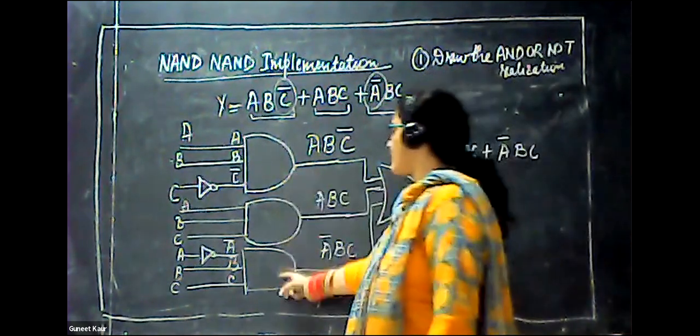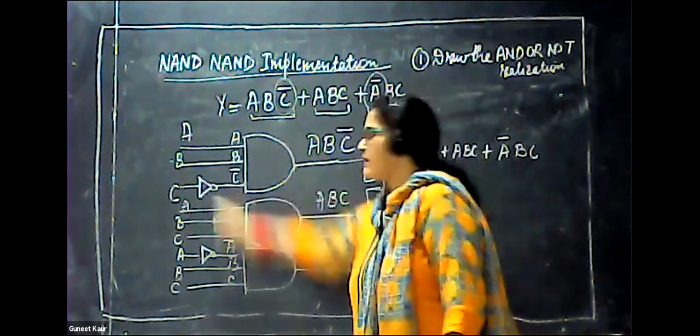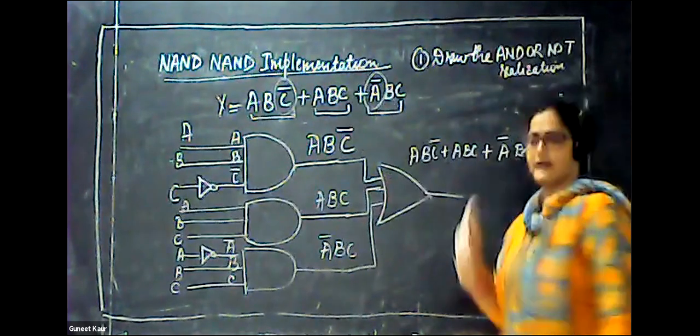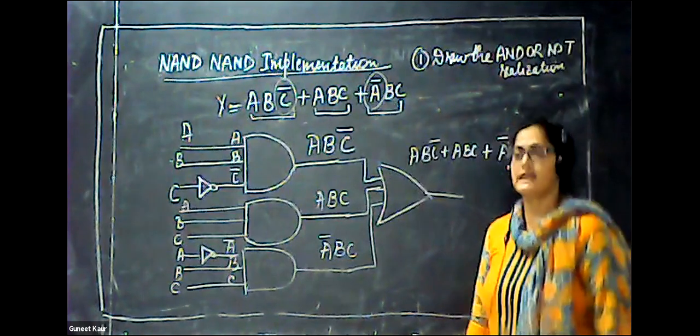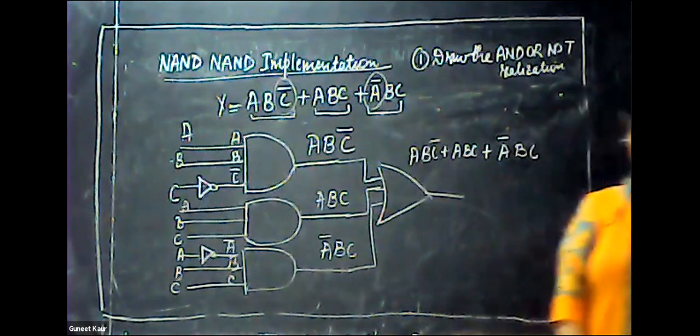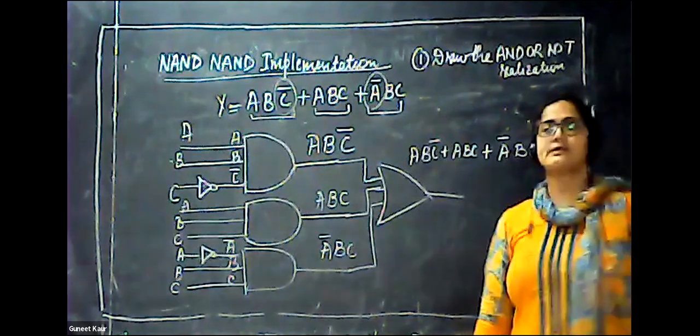Now you can see in the diagram only AND gate, inverter, and OR gate are used. Firstly, we will draw this diagram for the NAND implementation. First step is this.